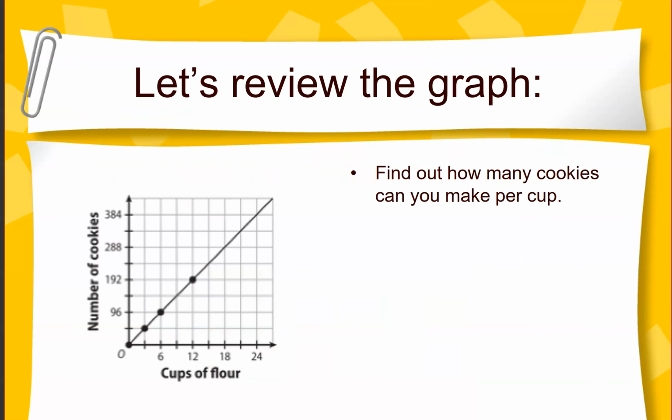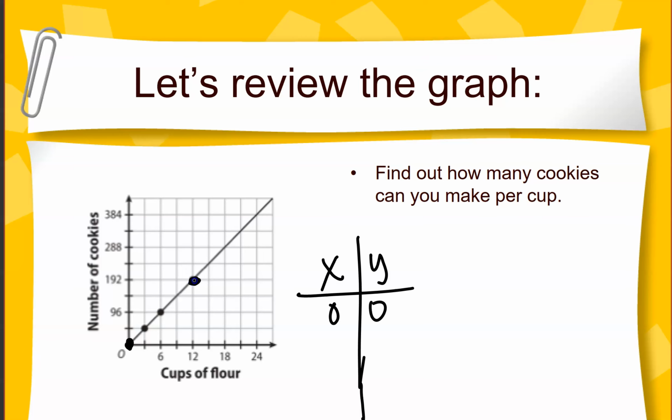All right, so now let's go ahead and review the graph. It says find out how many cookies can you make per cup. With this graph, I'm going to select 2 perfect points. Now, I do want to tell you guys, if it starts at 0, 0, you can definitely select that as a point. So 0, 0 is a point.